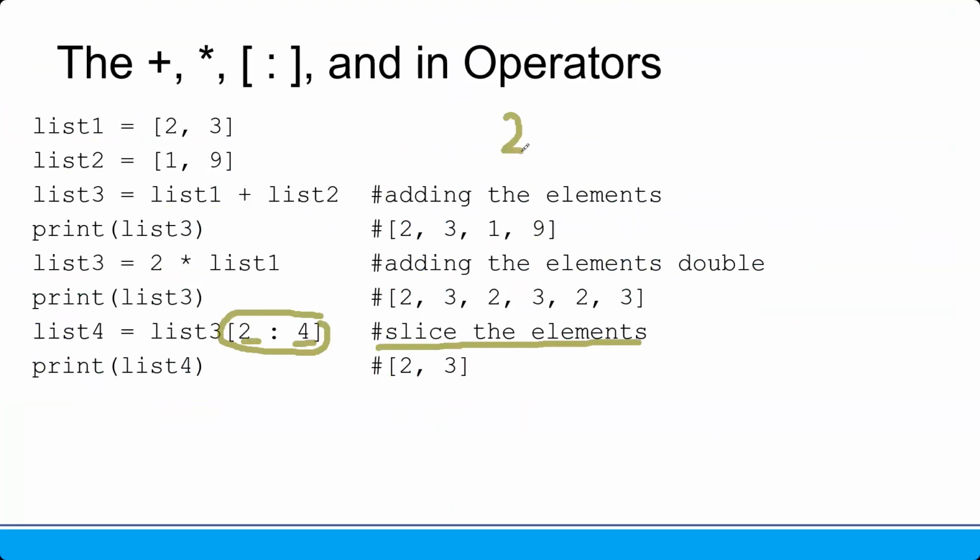So if you have 2 to 4, it means I would like to check the data from index 2 and 3, until the last index minus 1. Then I can get the data 2, 3. Because this one is from list 3, this is the data.